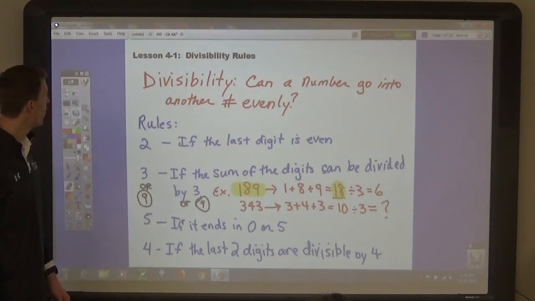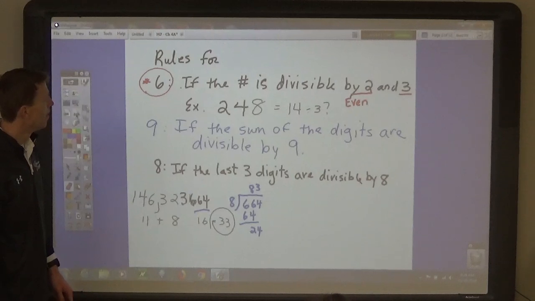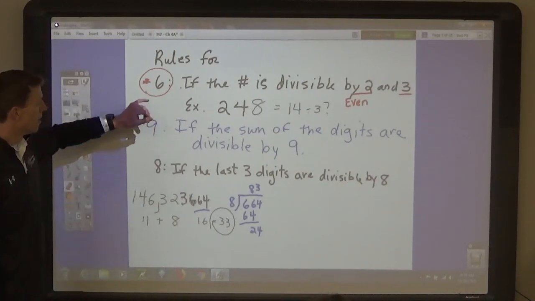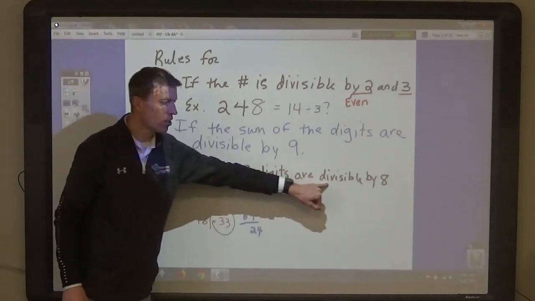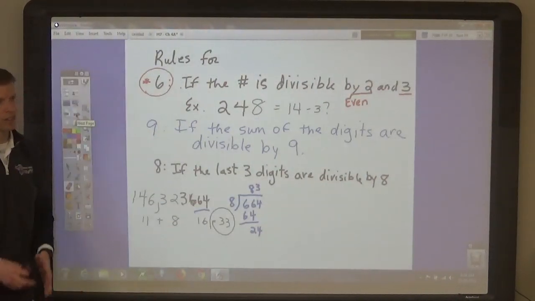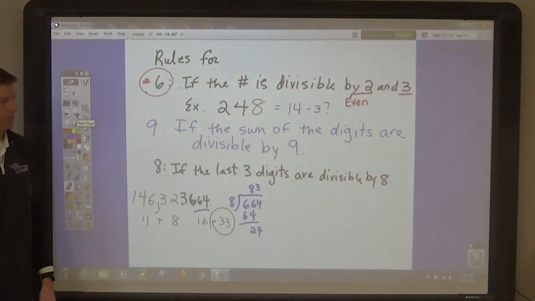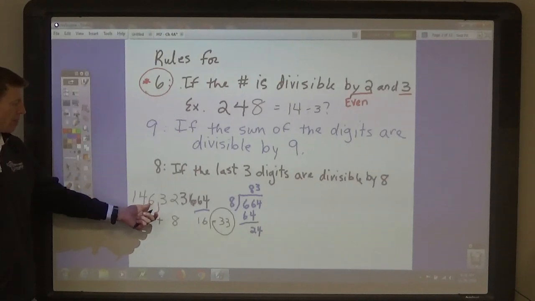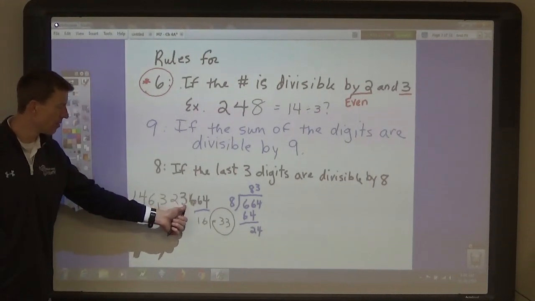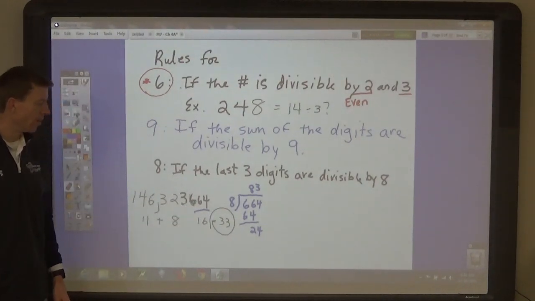Then there's also a rule for 8. Along those same lines, if the last 3 digits are divisible by 8, then the whole number is divisible by 8. Like this number, 146,323,664.